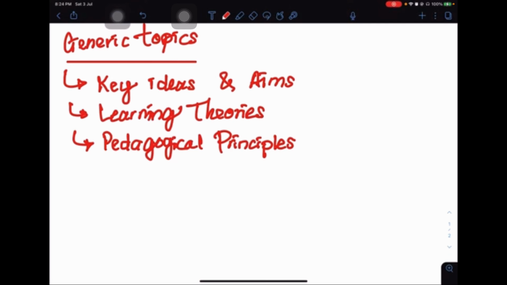So we do need to look at the learning theories and the pedagogical principles when we design activities for measurement and geometry.